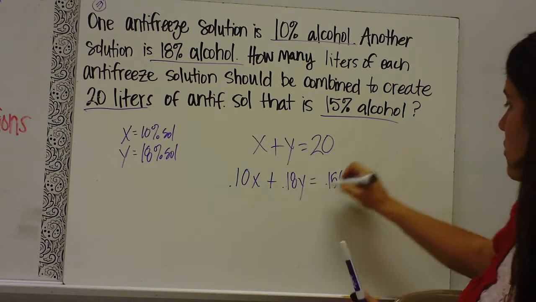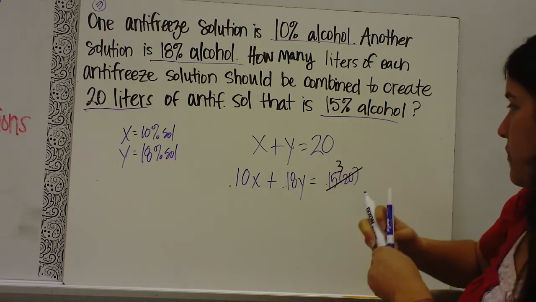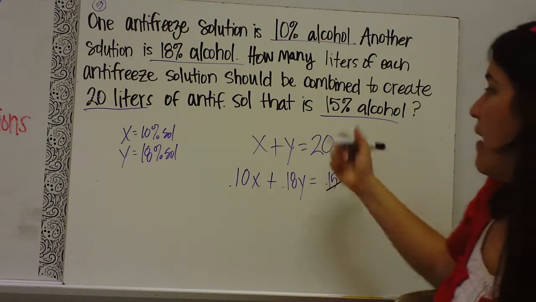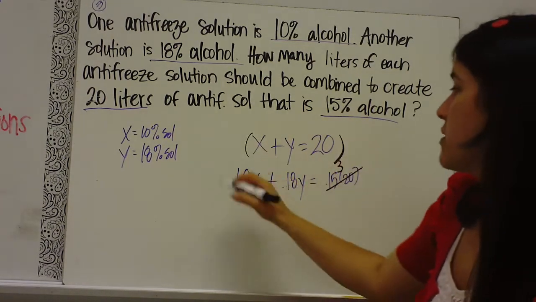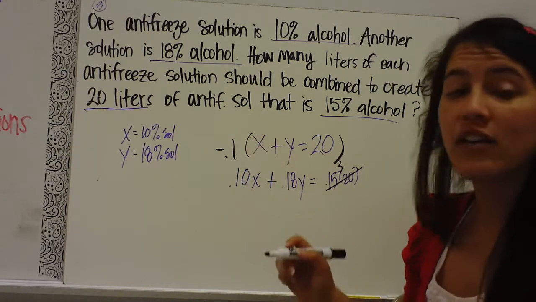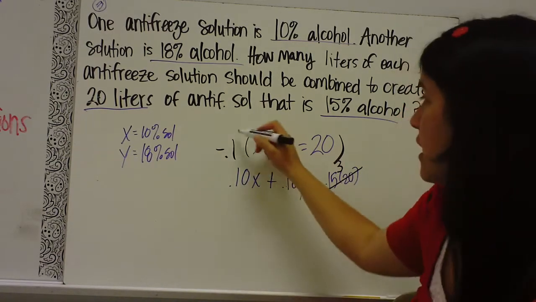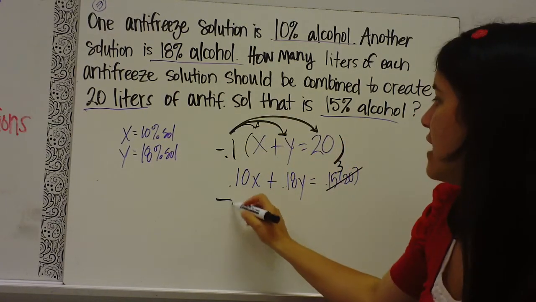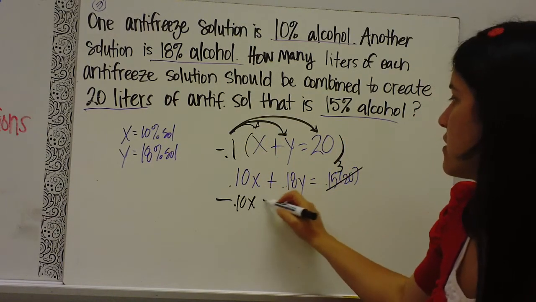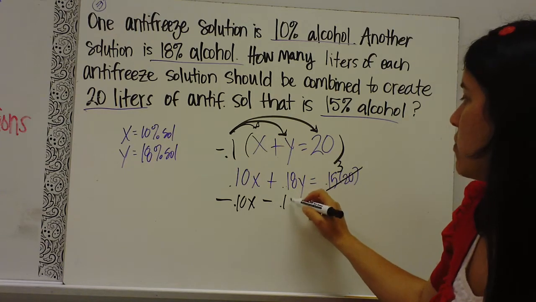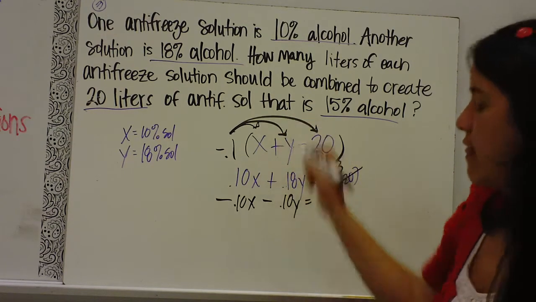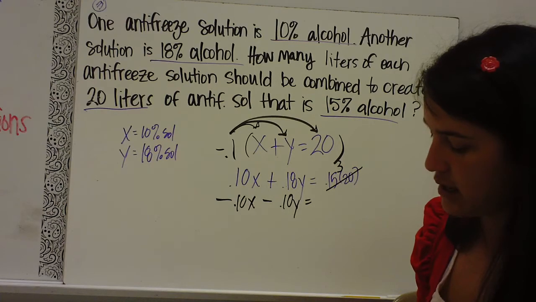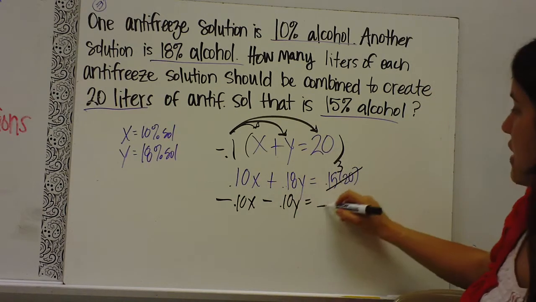So I'm going to go ahead and put a 3 there. Just like I've done with the other two examples, I'm going to multiply this by negative 0.10 to distribute. I get negative 0.10x minus 0.10y, and then negative 0.10 times 20 is negative 2.